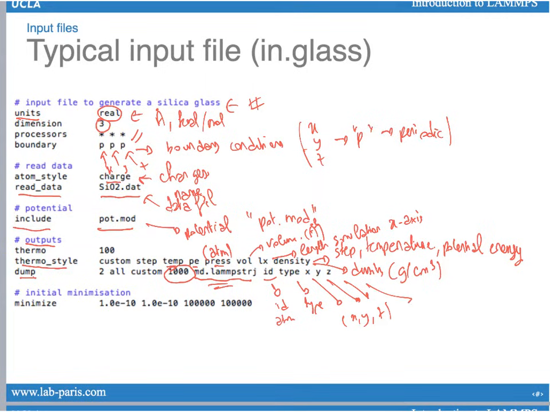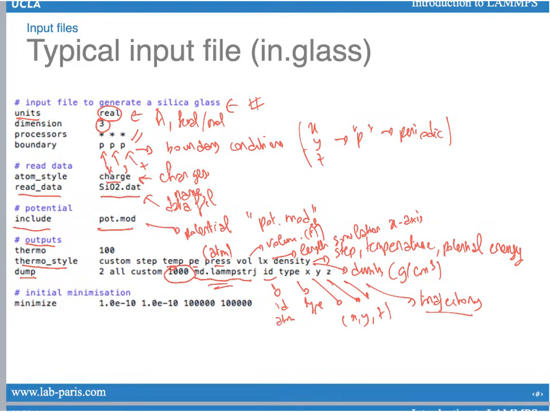So this is the trajectory file. It will contain the position of the atoms according to time. This is the file that you can use later on to see the atoms moving and how they are moving according to time, to see their motion, their trajectory.